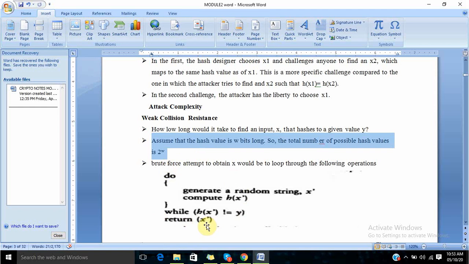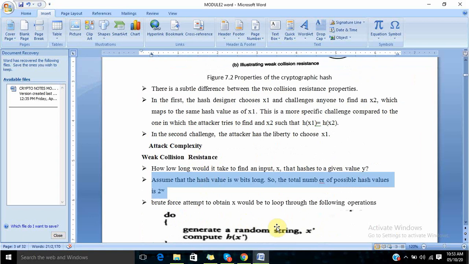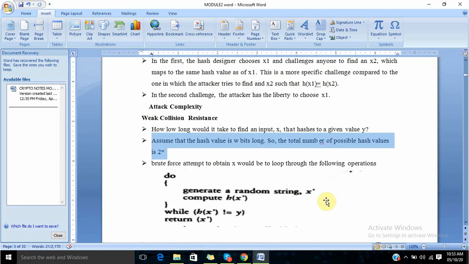So that is what they are telling. This x' is nothing but the x2 here. They already have one value, so they are hunting for the second value, x'. They check different values, and obviously, students, until it is equal to y, we go on doing this. That is why this condition is here.